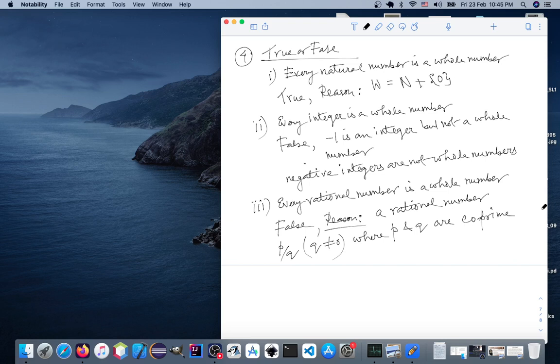Every rational number is a whole number is false because a rational number p by q, where p and q are co-prime, is not a whole number. Example 3 by 4.